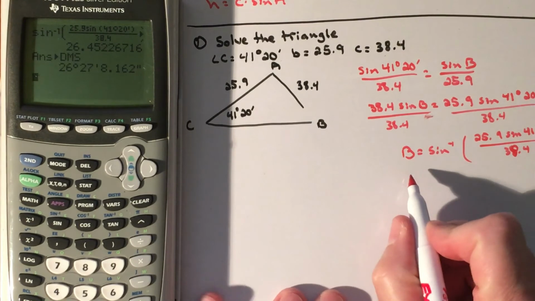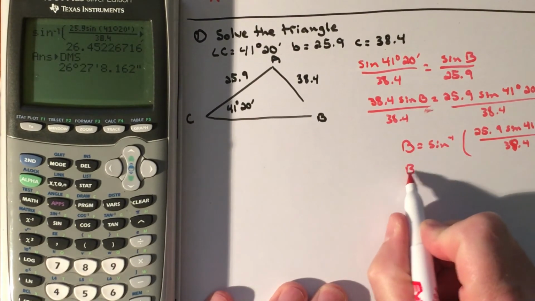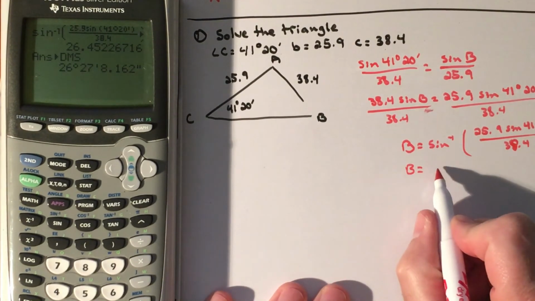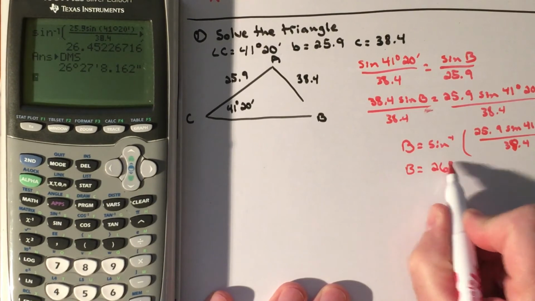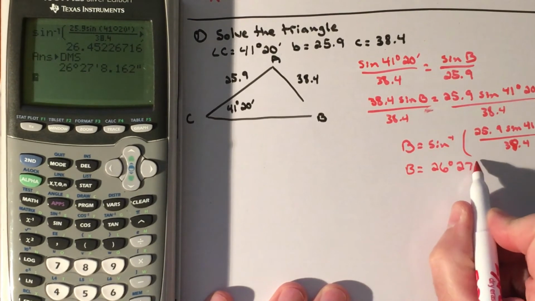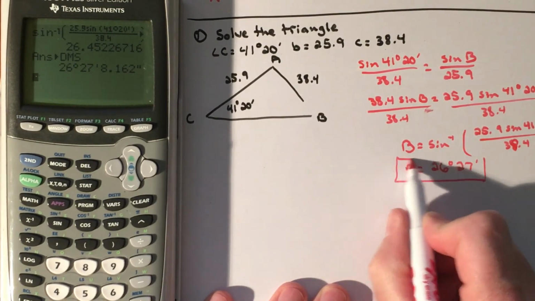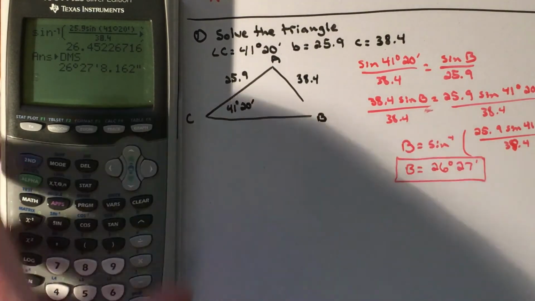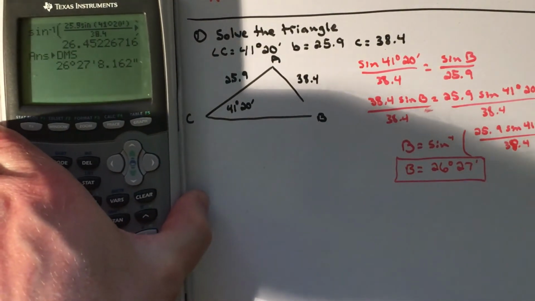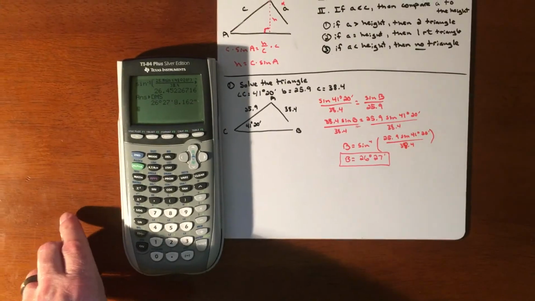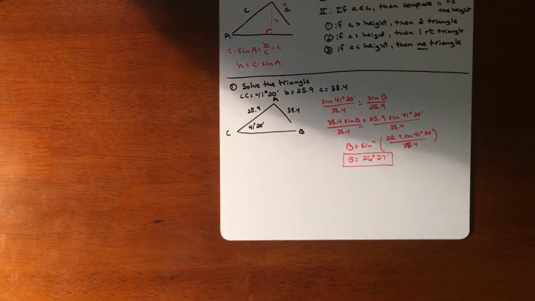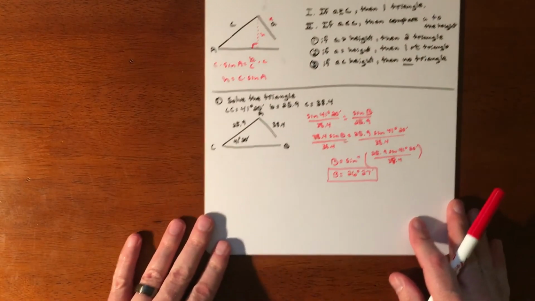So we're looking at angle B being 26 degrees, 27 minutes. Okay, so that is how I can use the calculator to do all my conversions for me as I just naturally go through the problem.